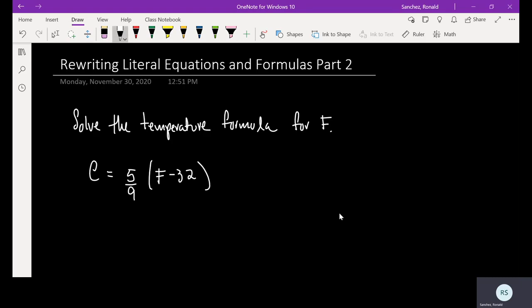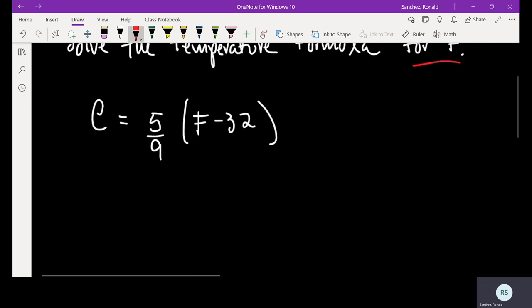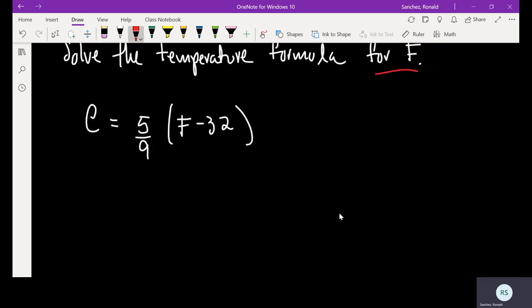Now, this one says, solve the temperature formula for F. In case you're not familiar with this, F stands for Fahrenheit and C stands for Celsius. In this particular problem, we know that if we plug in a temperature in Fahrenheit for F, we can get our temperature in Celsius.